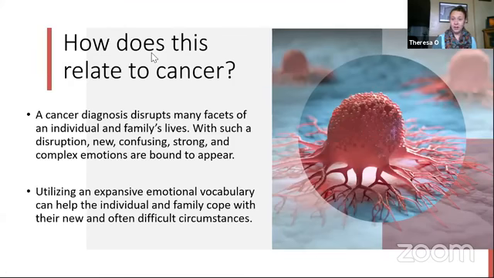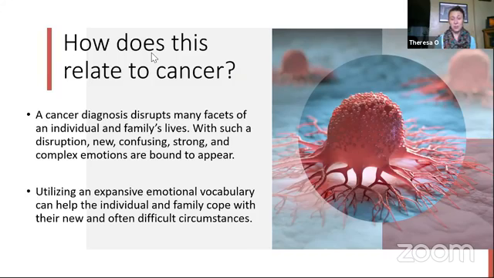So as we pointed out, this absolutely does relate to cancer. The example was certainly a cancer related situation, but anyone that has had a cancer diagnosis in their family knows that this sincerely and severely disrupts a lot of facets of both the individual's life and their family's lives.